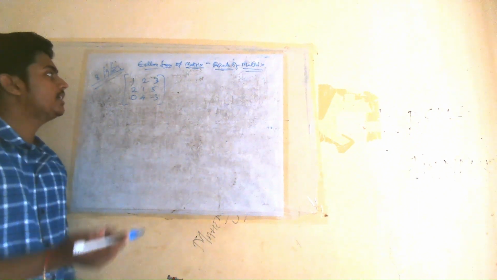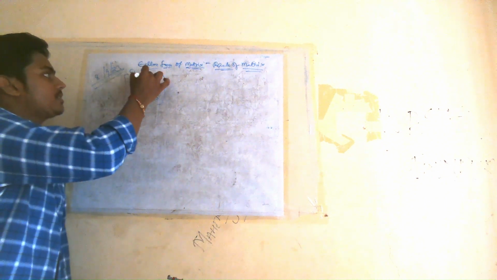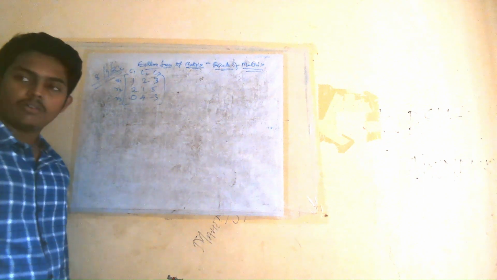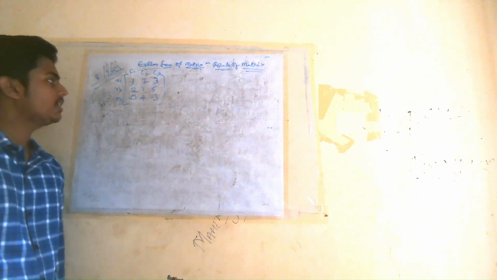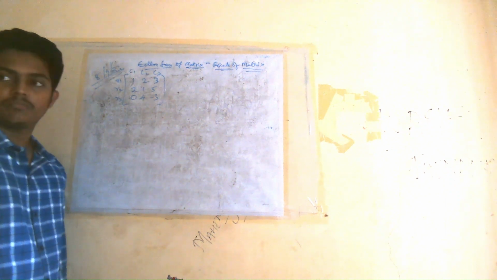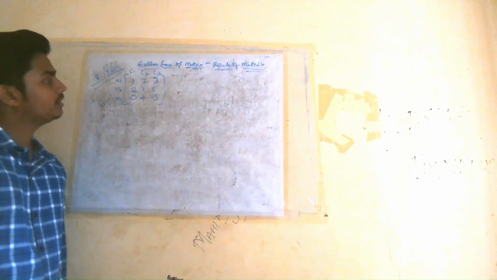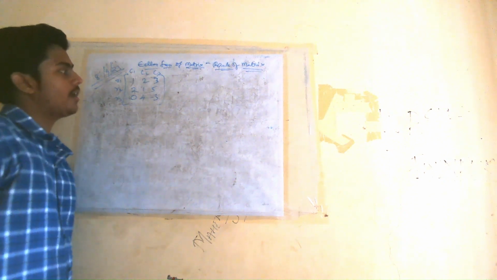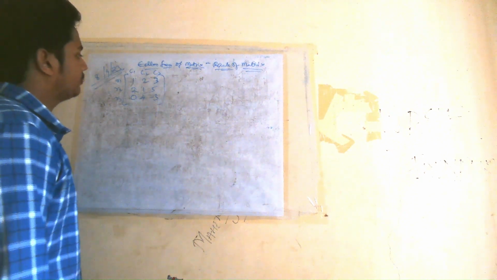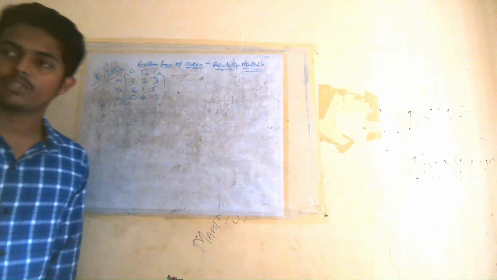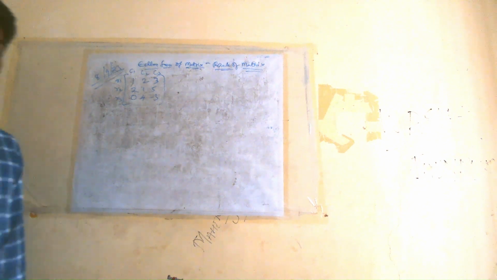Now let's see. This is C1, this is C2, this is C3, and R1, R2, R3. We have to make some operations so as to make zeros on the rightmost side. You have to get a lot of zeros. That means as many zeros as are possible, you have to make by such manipulations.